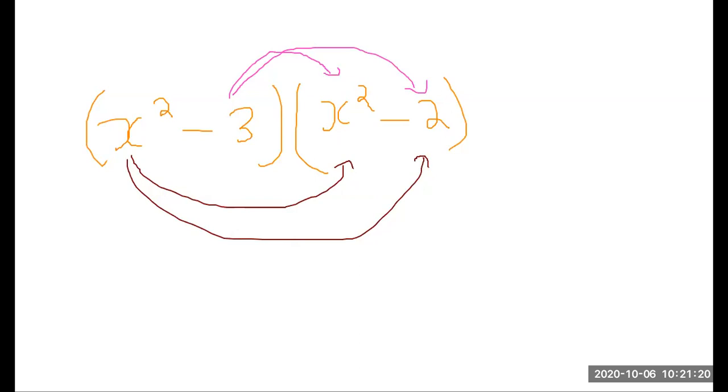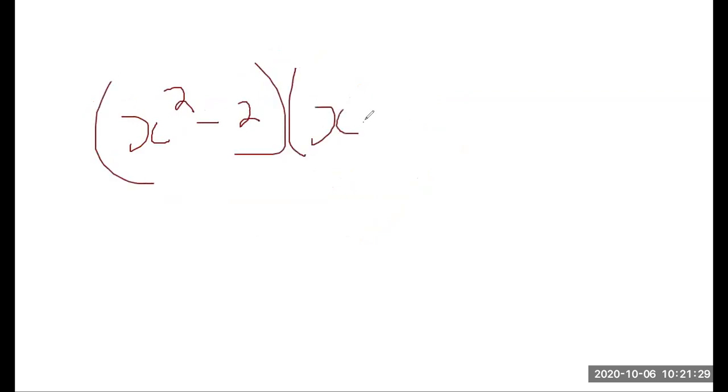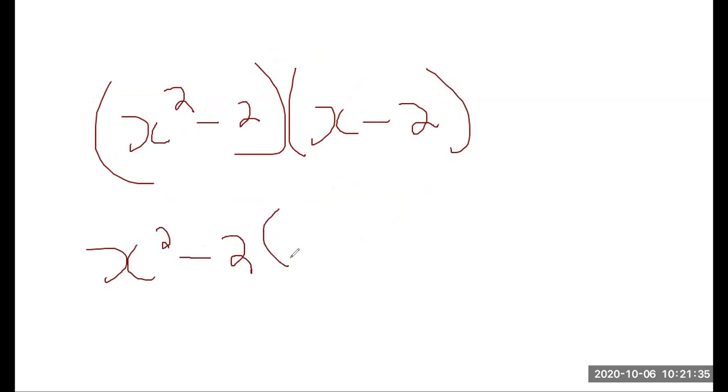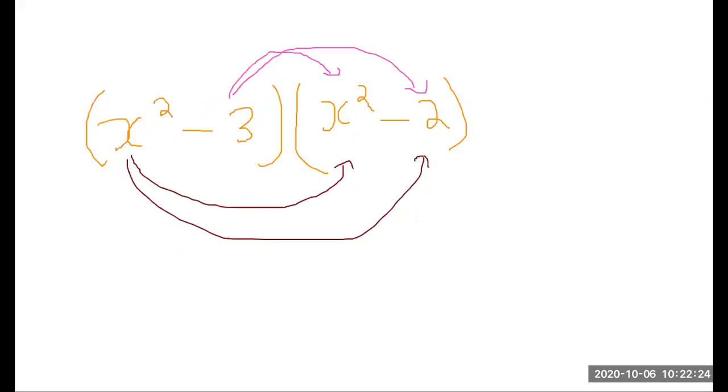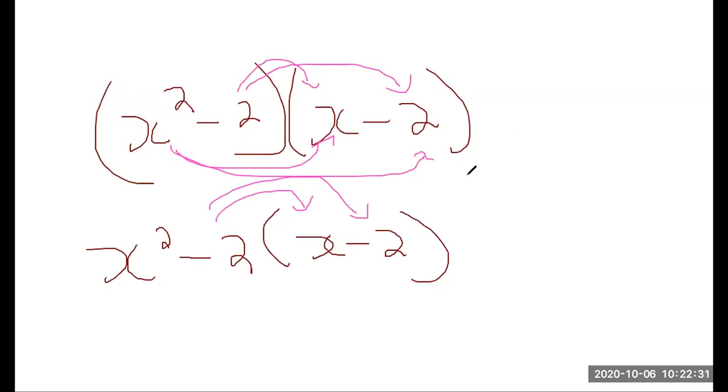What I want us to recognize, tell me what's the difference between this, if I was supposed to solve it, and this. All right, so with parentheses, it changes the whole thing.